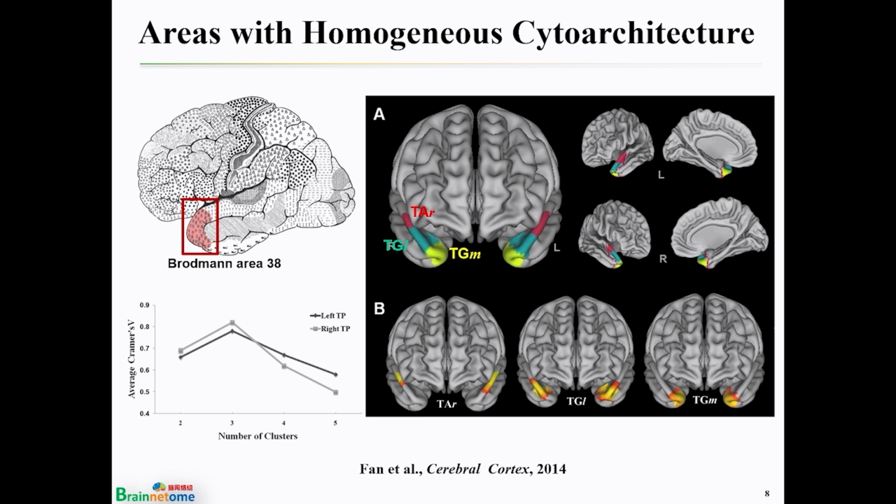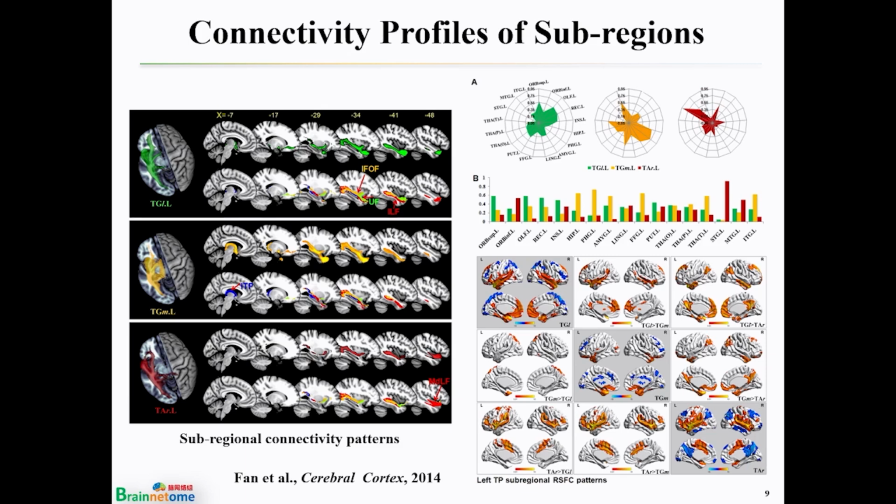I mean, these brain regions have homogeneous cytoarchitecture. For these regions, it is very difficult, maybe even impossible, to parcellate them into different parts. For over 100 years, people thought it was just one brain region. But here we can also parcellate it into 3 different parts, also with different connectivity profiles.